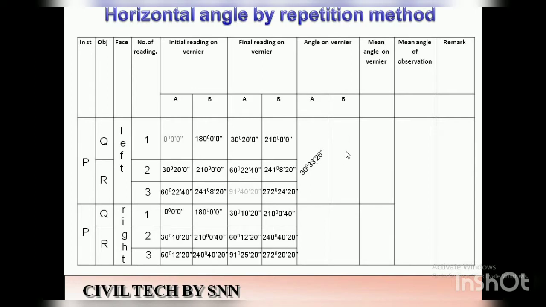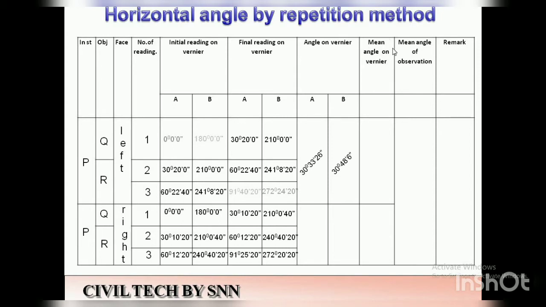Same calculation for vernier B. Here finally you got this angle, that is 272 degree 24 minute 20 second, and initially we set 180 degree. So the difference between these two readings divided by 3, you will get the angle on vernier B, which is 30 degree 48 minute 6 second.